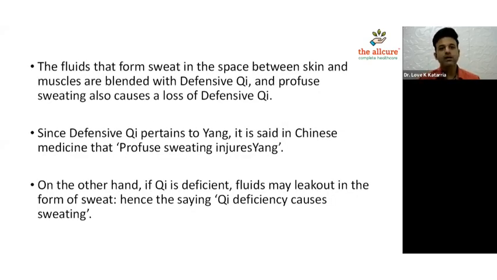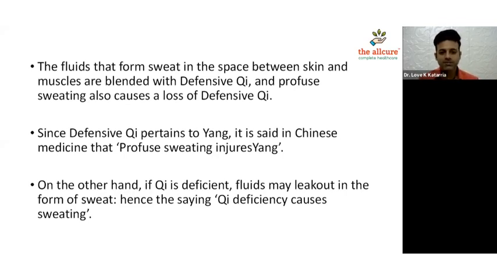The fluids that form sweat in the space between skin and muscles are blended with defensive chi, and profuse sweating also causes a loss of defensive chi. Because defensive chi is also controlled by the lungs, if there is too much sweating, ultimately there will be loss of defensive chi because the lung chi is also getting deficient.